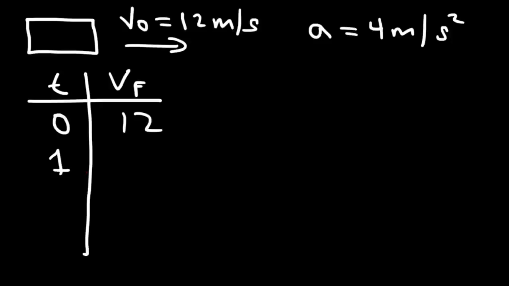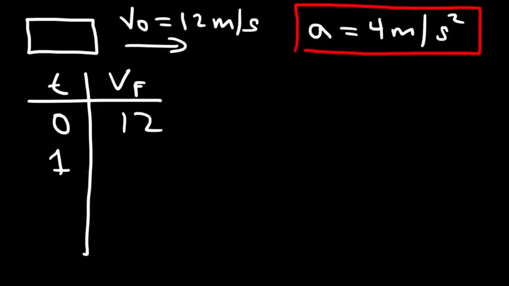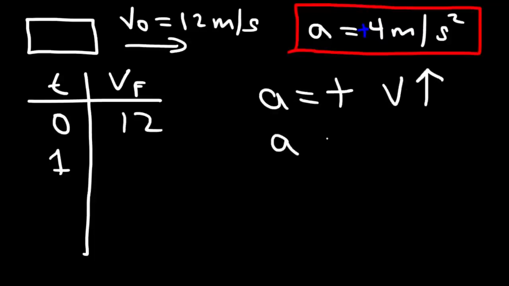Well, the acceleration tells us how fast the velocity is changing. Because the acceleration is positive 4, the velocity is increasing by 4 meters per second every second. So anytime acceleration is positive, the velocity is increasing. Anytime the acceleration is negative, the velocity is decreasing.